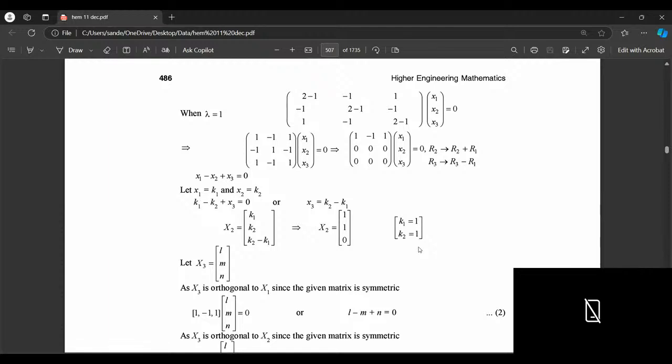So here k1 equal to k2, you can take 1, 1. So k2 - k1, 1 - 1, you will get 0. So the second eigenvector is 1, 1, 0.